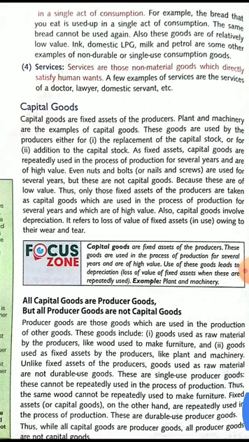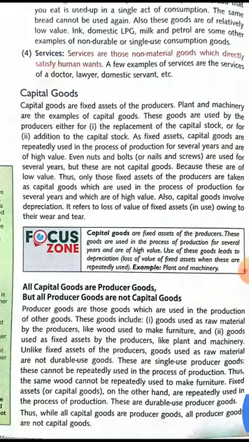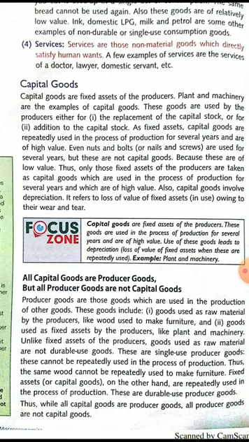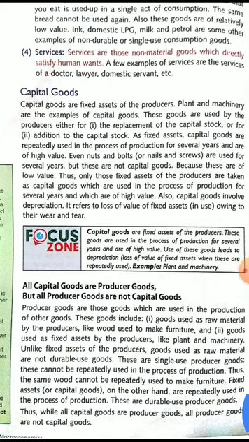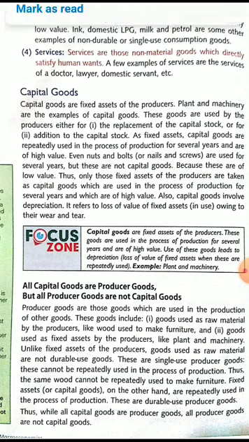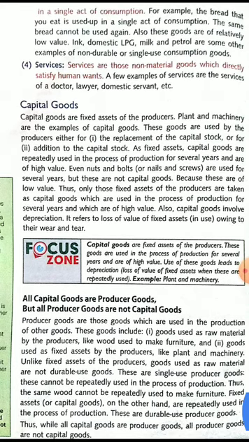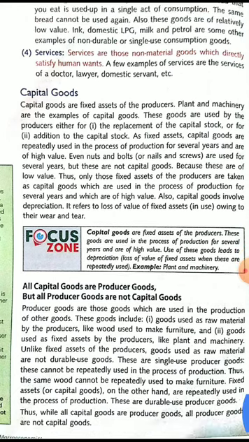If a person establishes a cloth factory and produces shirts, then he has to purchase some machinery for his production process. Then that machinery will be termed a capital good, because it is used for further production process. If a farmer purchases a tractor, then the tractor will be termed a capital good, because the farmer will use this tractor for further production process, like cultivating and harvesting his crops.